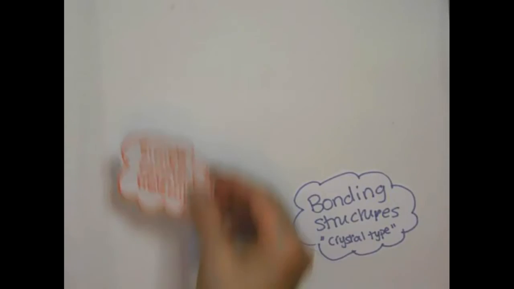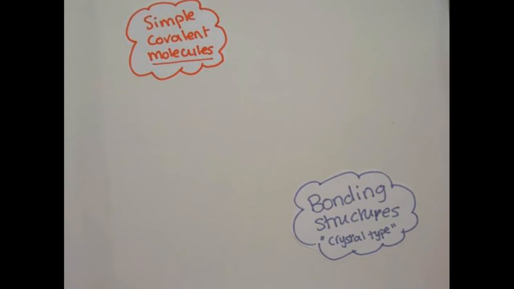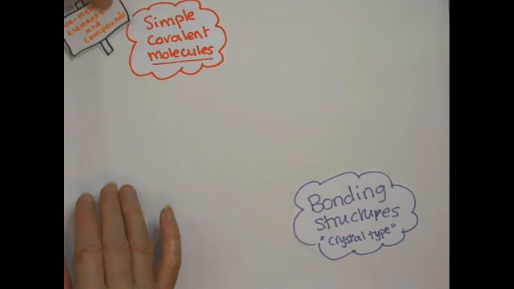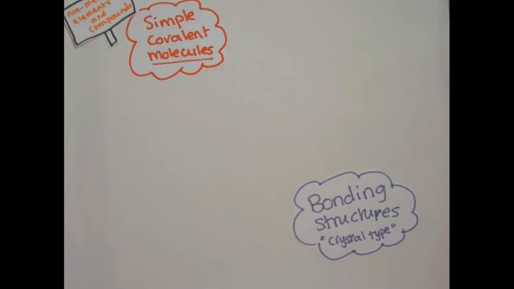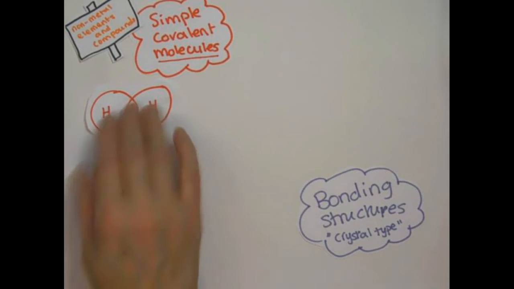So I'm going to have a look at the simple covalent molecules in a little bit more detail. So they're the bonds that are made between non-metal elements and non-metal compounds. And I just wanted to remind you of how we represent the shared pair of electrons. So first of all, we've got the Lewis dot and cross structure.